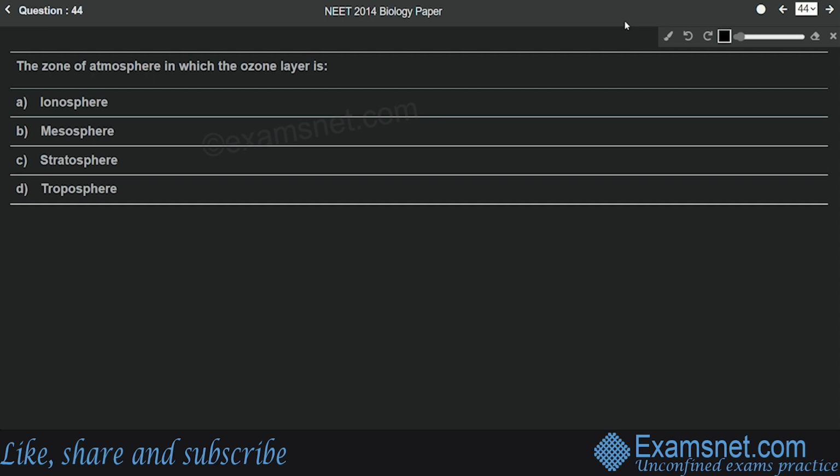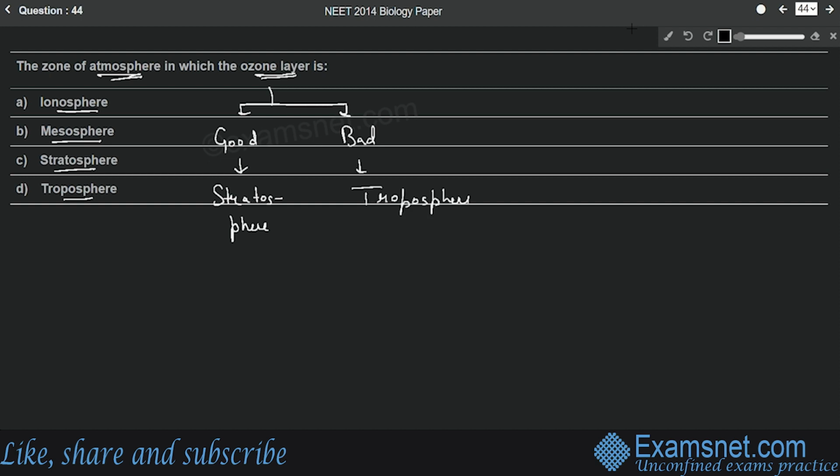Question number 44 is from the chapter Environmental Issues, and the question is, the zone of atmosphere in which the ozone layer is. Options are ionosphere, mesosphere, stratosphere, and troposphere. Okay, so we know that ozone is of two types, good ozone and bad ozone, right? Now the good ozone is found in the stratosphere, whereas bad ozone is found in the troposphere.